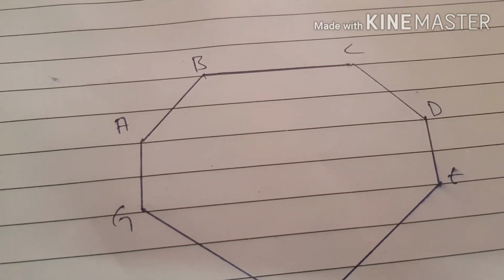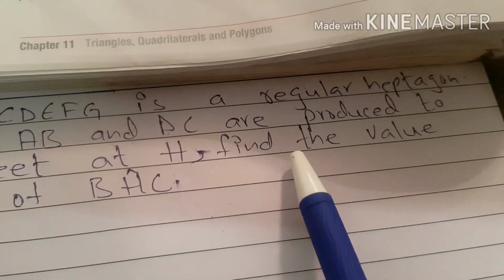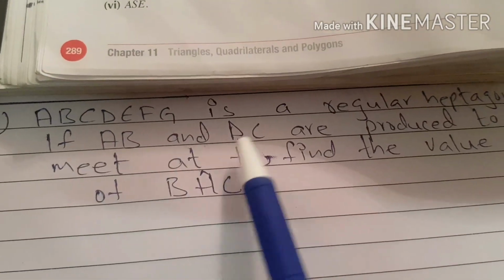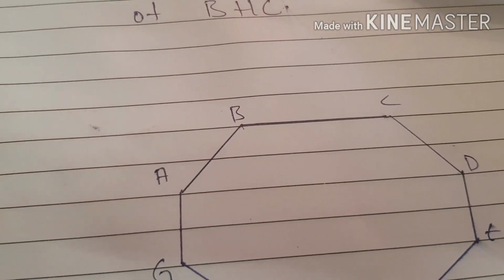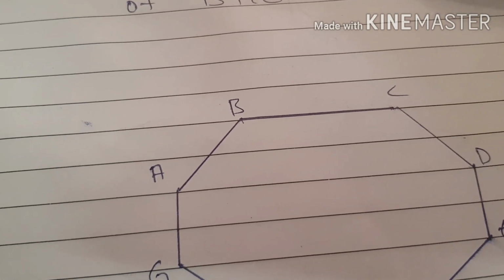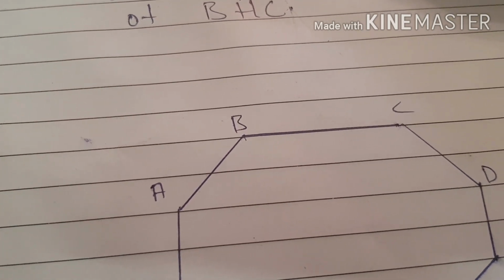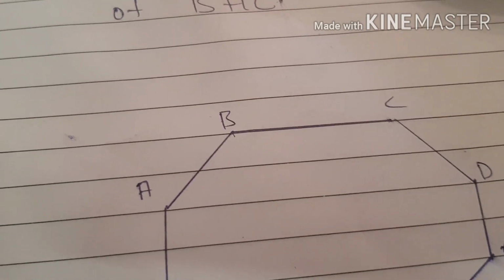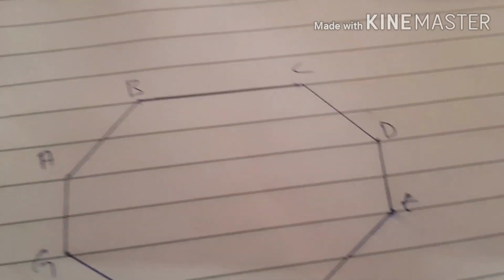So if we need to find out the value of BHC, but before forming BHC, it says if AB and DC are produced to meet at H. As we discussed earlier in the last exercise, whenever it says that AB meets to make H, or any other edges like CD meets to form J, it means they're talking about this.